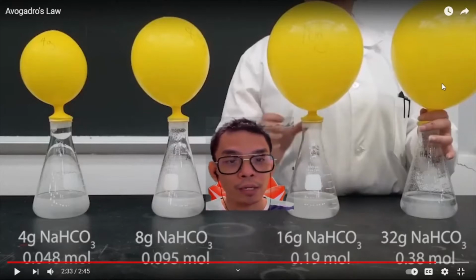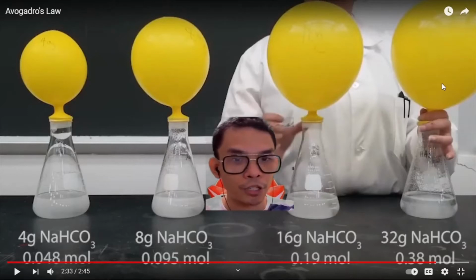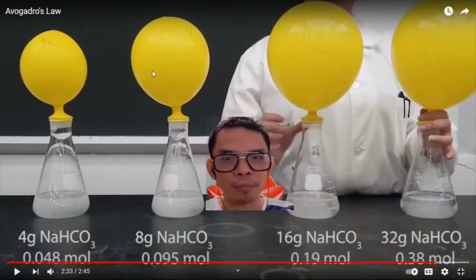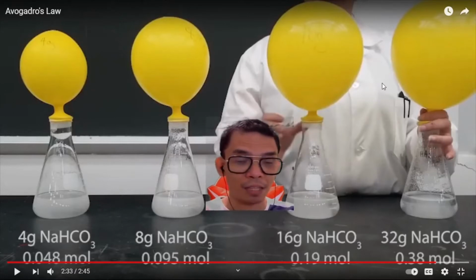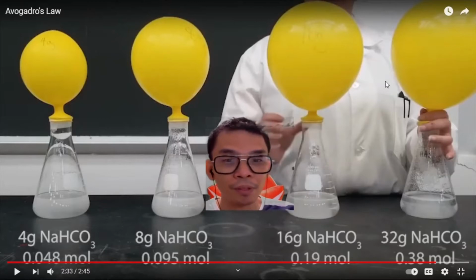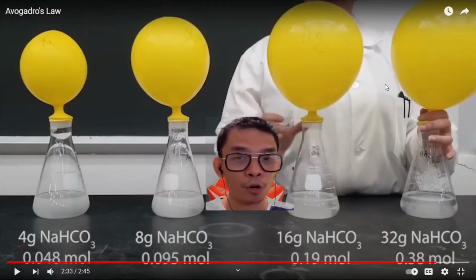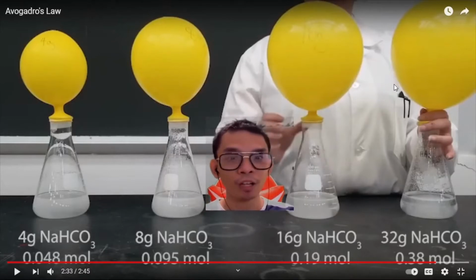So the larger the amount of carbon dioxide gas, the larger the volume. It reflects the size of the balloon that you have right here. So the number of moles is directly proportional to the volume of the gas that will be produced.